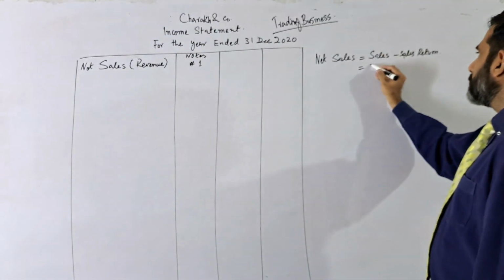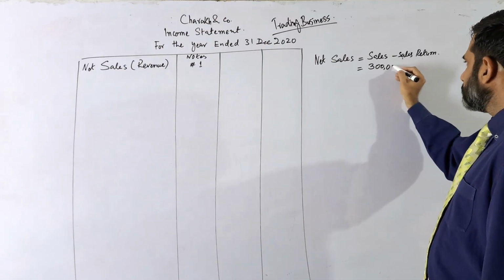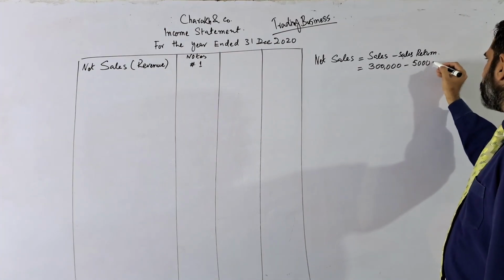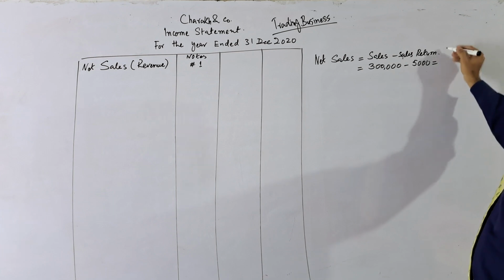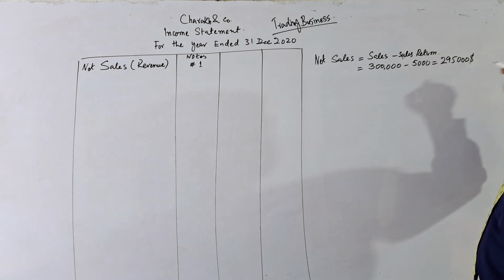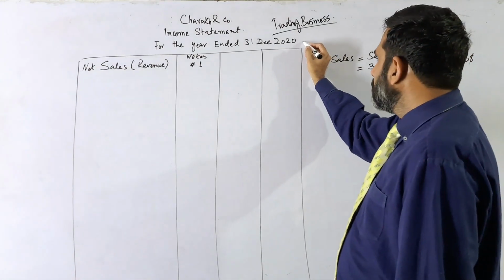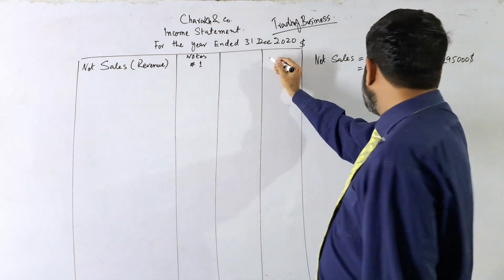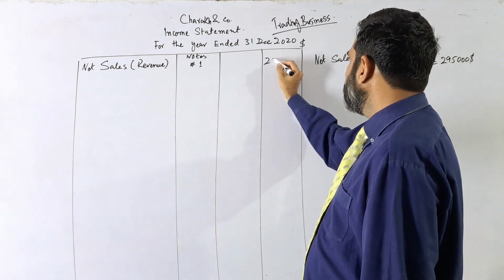We are just assuming the values. Let's say the total sale is 300,000 and 5,000 is the return. So it means the total net sale is $295,000. All these values are in dollars. So we are writing $295,000 here.